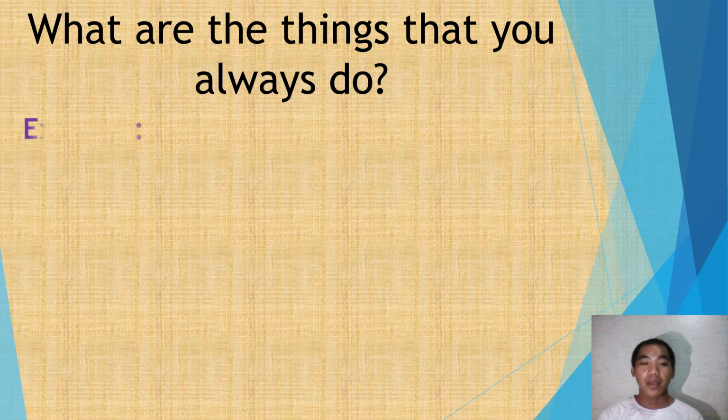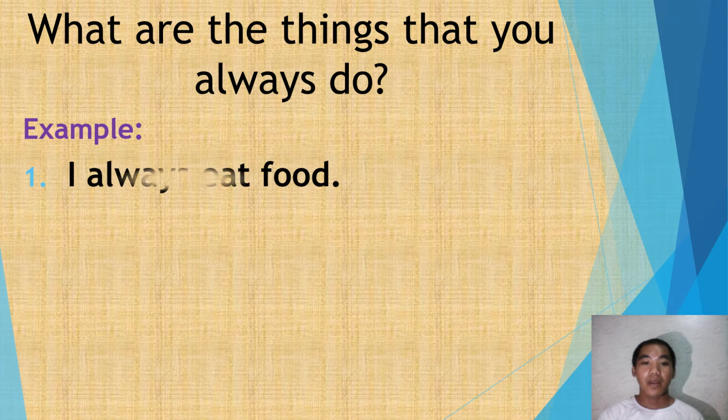Now, to understand more how to use always in a sentence, I have here other examples. I'd like you to tell what are the things that you always do at home or at school. So I listed some of those. An example is I always eat food. The verb is eat, and the adverb of frequency that was used is always.